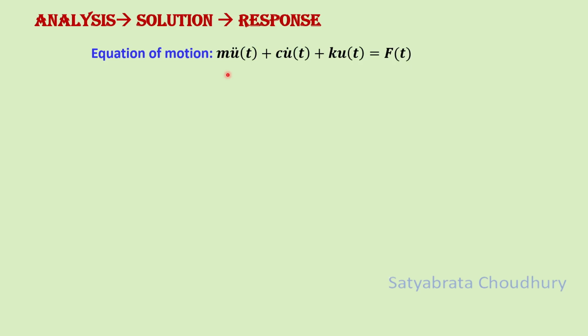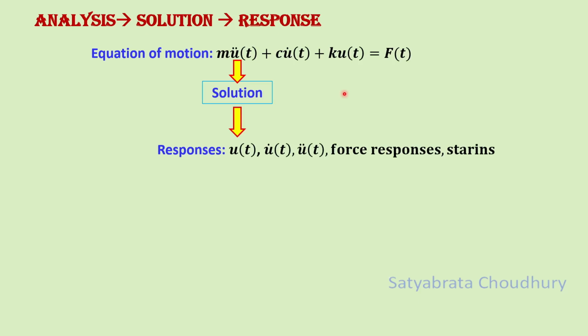The responses we talked about are the displacement response, velocity response, acceleration response, and so on. So this equation of motion is to be solved through some method, maybe modal analysis or time history analysis, and you get the responses like u t, u dot t the velocity, and u double dot t the acceleration, and responses like bending moments, shear force, twisting moments, etc.